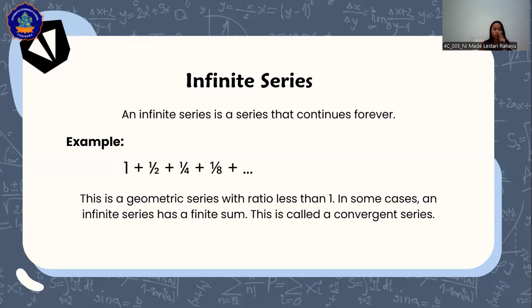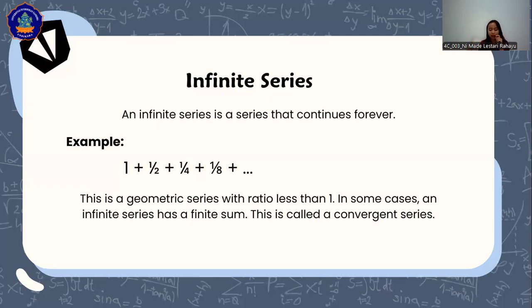So, the concepts of sequence and series are not only important in mathematics, but they also have many applications in everyday life. Series are used for calculating interest and savings, in computer science for algorithms, in nature for Fibonacci patterns, and in physics for explaining waves and motion.